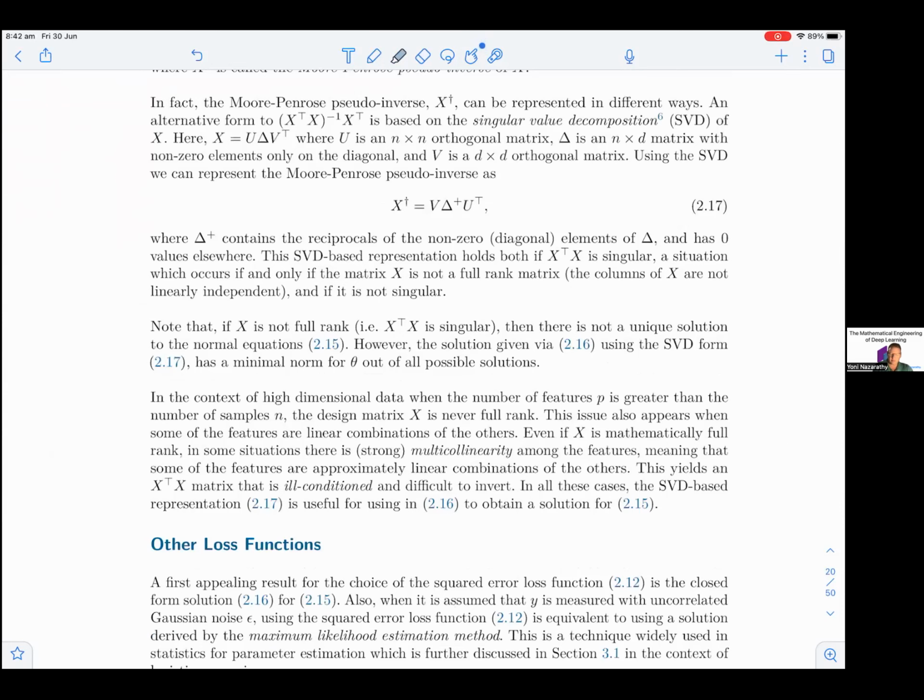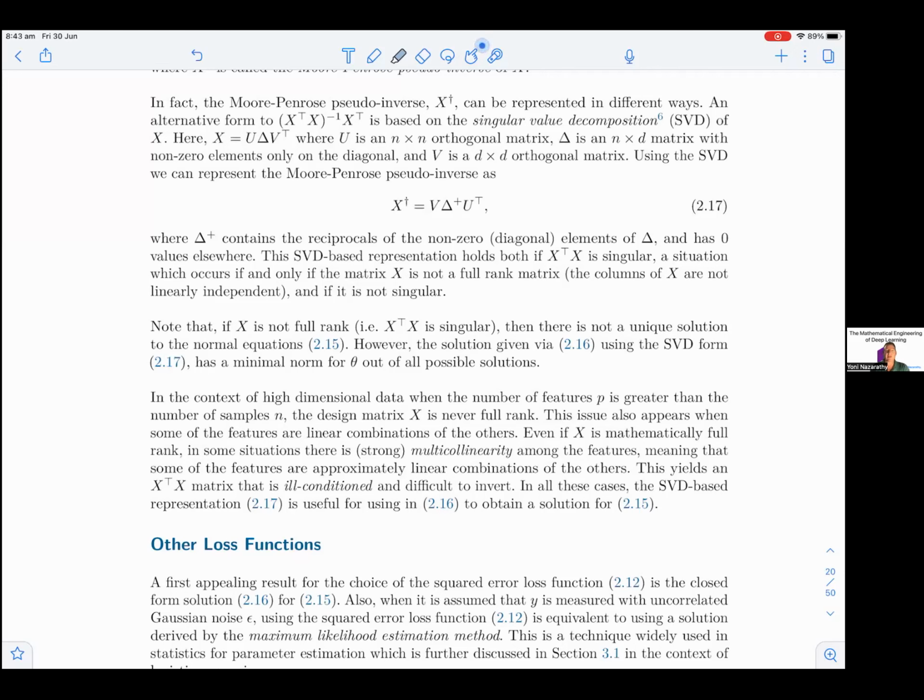An alternative form to (X transpose X) inverse times X transpose is based on the singular value decomposition, the SVD of X. X is U times Delta times V transpose, where U is an N by N orthogonal matrix, Delta is an N by D matrix with non-zero elements only on the diagonal, and V is a D by D orthogonal matrix.